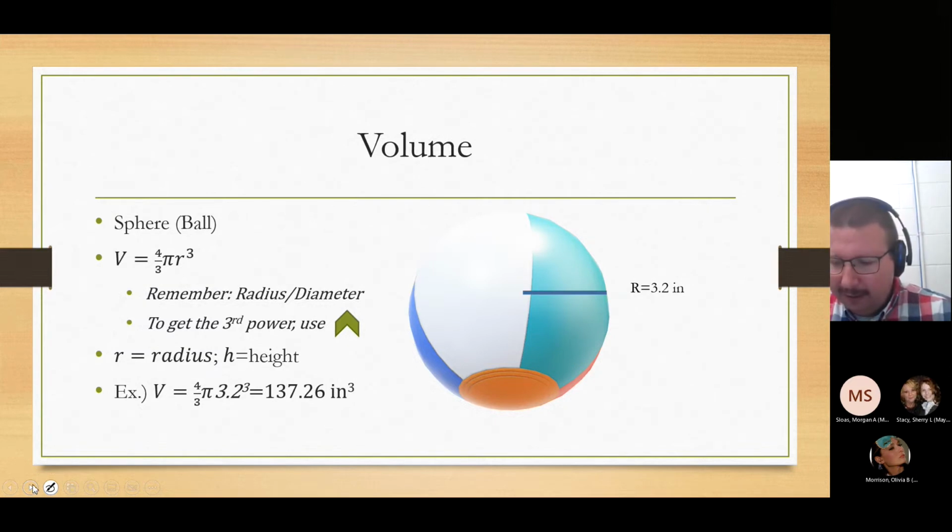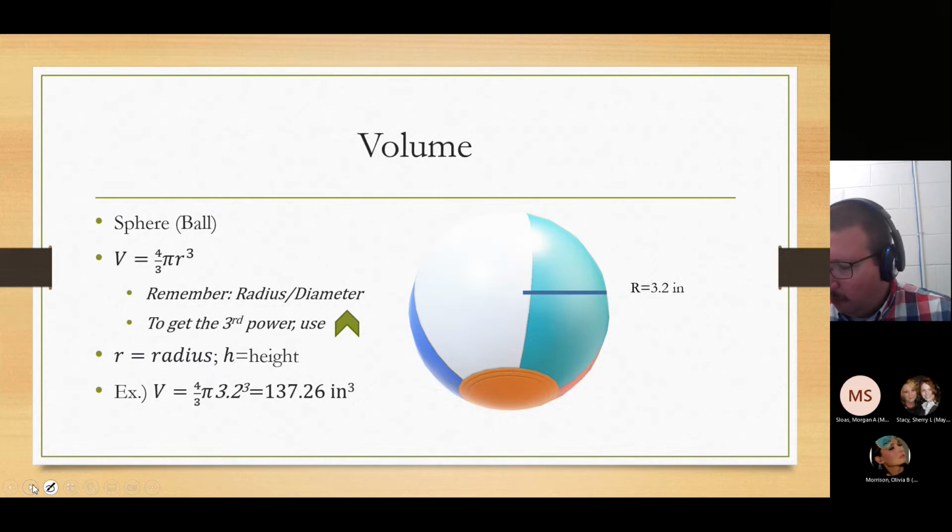That's where you hit your 3, hit your 4, 5, 6, or whatever you need to do. You hit your 3 button, in this case, go ahead and move over, hit enter, and you should get 137.26. I'm going to repeat that.